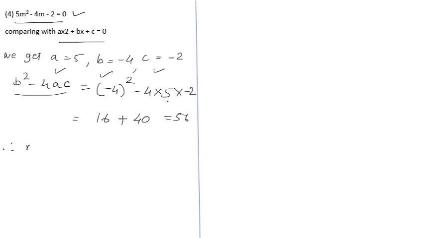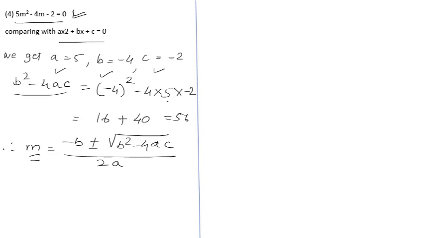Therefore, m equal to minus b plus minus the root of b square minus 4ac upon 2a. Here we write m because the m variable is given in the example. Now value of b is minus 4.